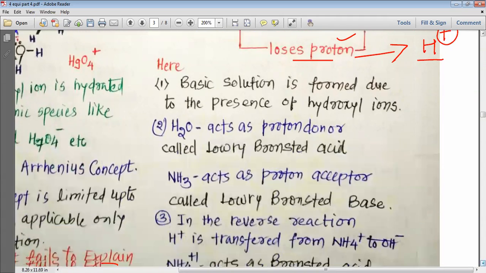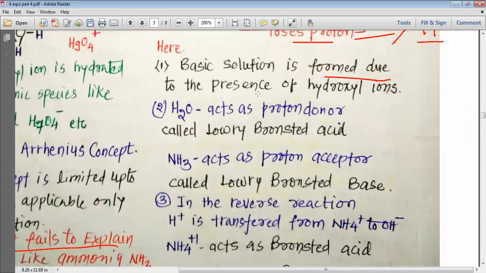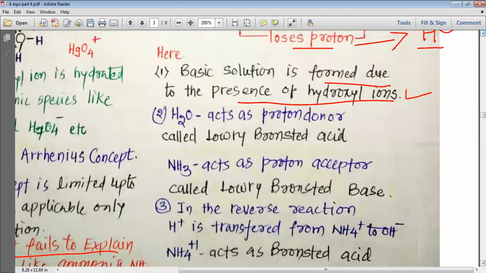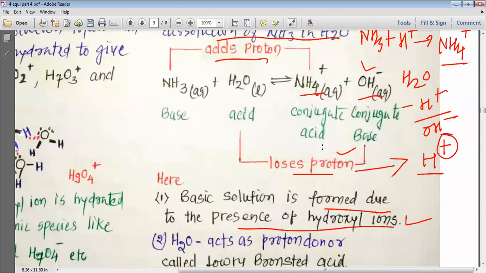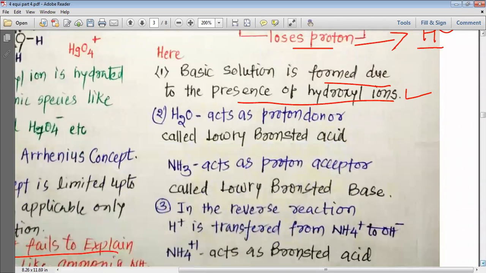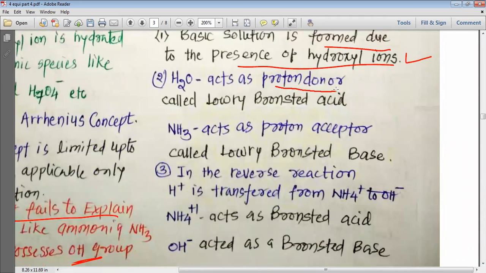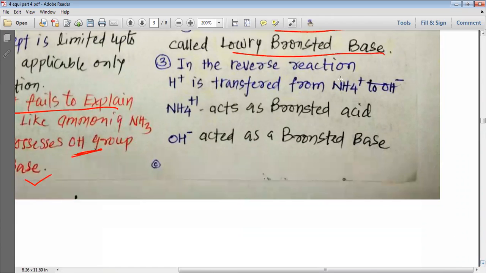So here a basic solution is formed due to the presence of the hydroxyl ions. When ammonia is dissolved in water, it produces a basic solution, and this is due to the presence of OH- ions. H2O acts as a proton donor because it donates the proton to NH3, and that is why it is called a Lowry-Bronsted acid. NH3 acts as a proton acceptor, and it is called the Lowry-Bronsted base.